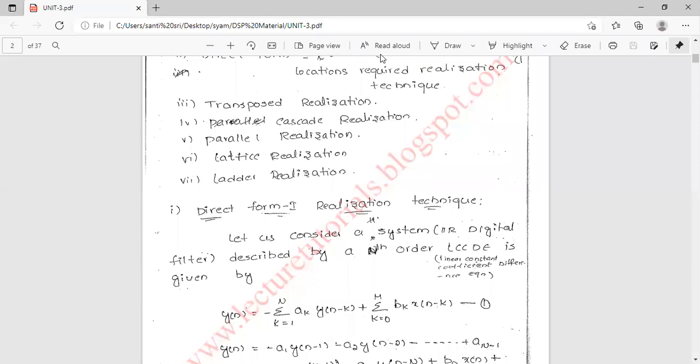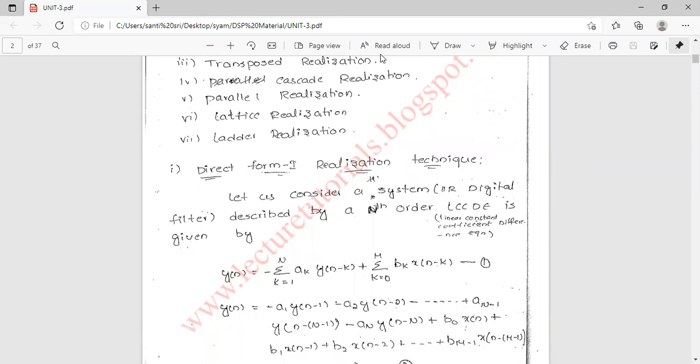Let us consider an IIR digital filter system described by an nth order linear constant coefficient difference equation, LCCDE, already discussed in the second unit.